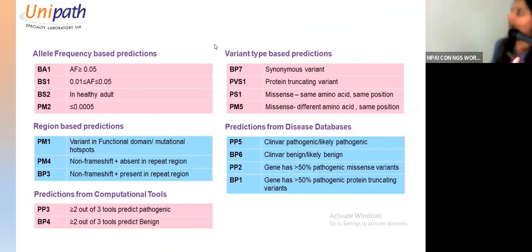So this has been given. This is received if it is prevalent in the database, and this is the computational term. If most of the terms match, then you get this criteria, right?